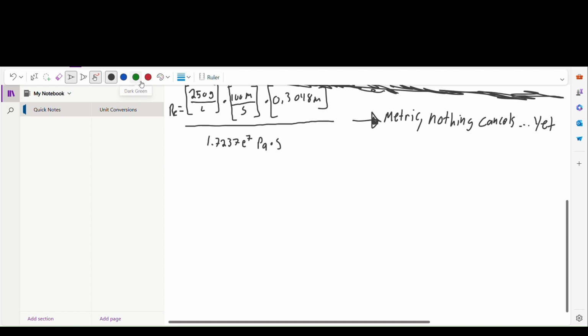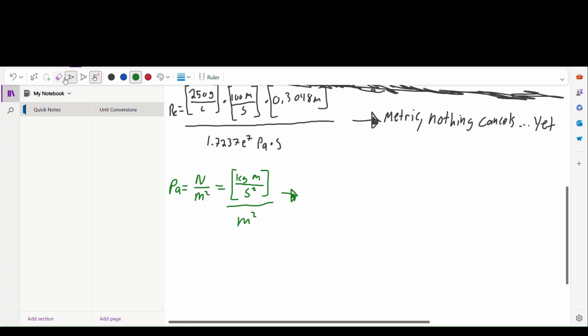So in order to do so, I will highlight these in green. One thing to note is that a pascal equals a Newton per meter squared. And a Newton per meter squared, if you remember Newton's second law of motion, you will remember that a Newton is a kilogram meter per second squared. And then if you were to divide all that by a meter squared, it would look like that. And then you can flip this function.